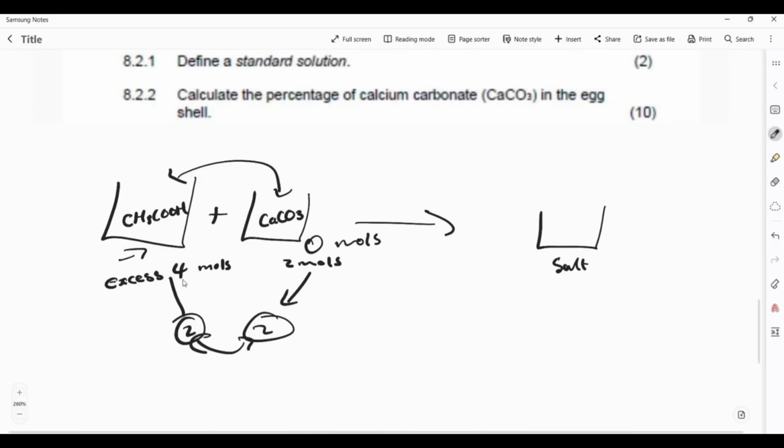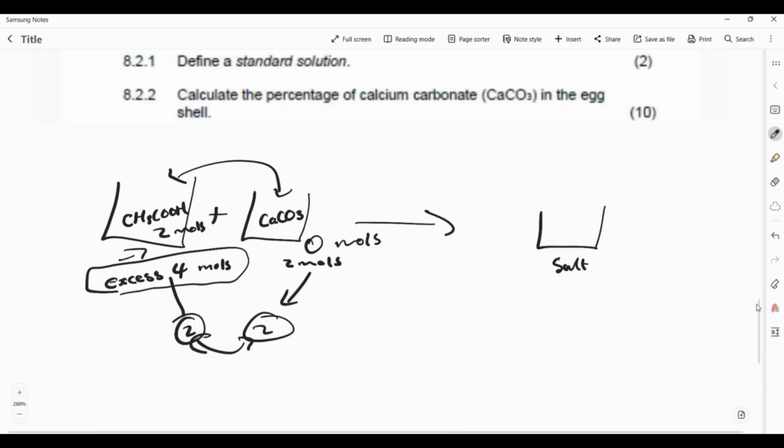And the excess only gave away 2 moles and the reaction was complete, so it is still left with 2 moles. That's why it is an excess. It still has a certain amount of moles in that case.